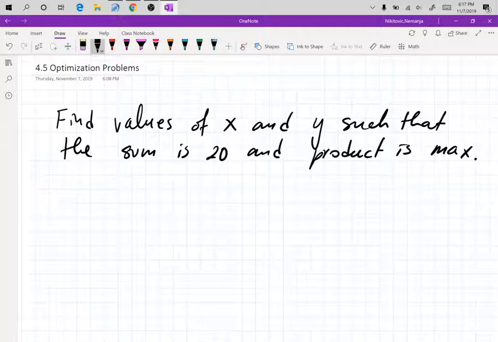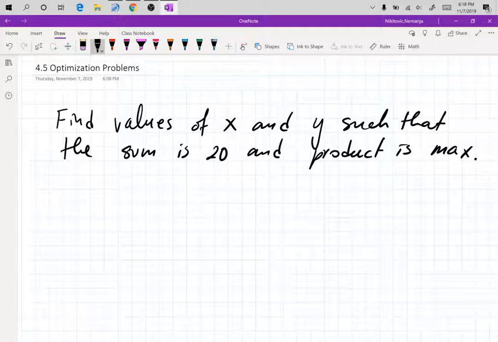So your job is to find two values, x and y, for which x and y add to 20 and their product is maximum.